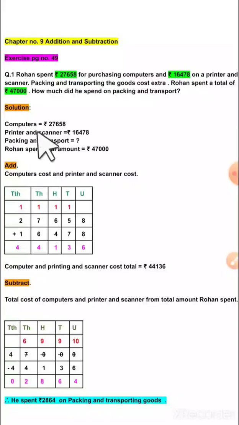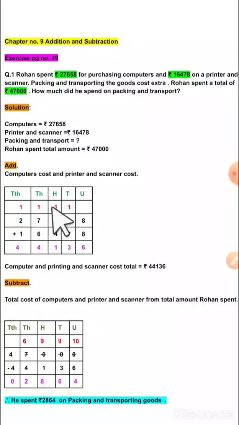See the solution. The computers' cost is given, the printer and scanner cost is given, packing and transport we need to find out. First we will add the computers' cost and the printer and scanner cost.